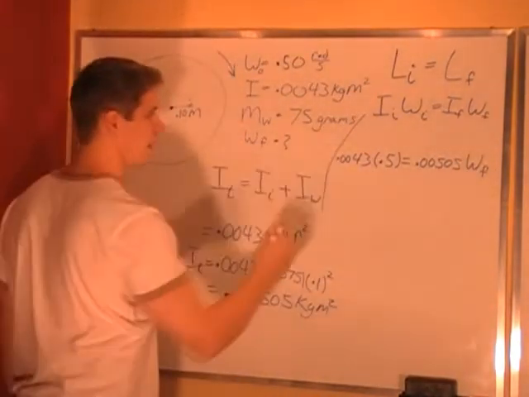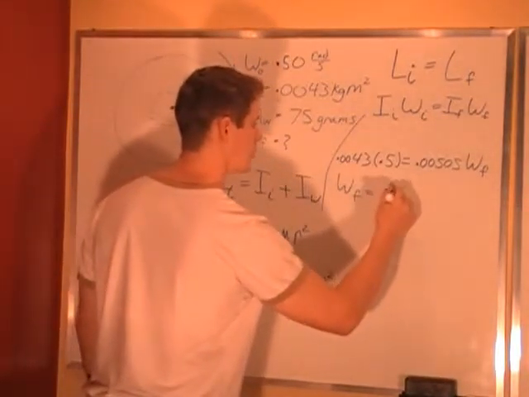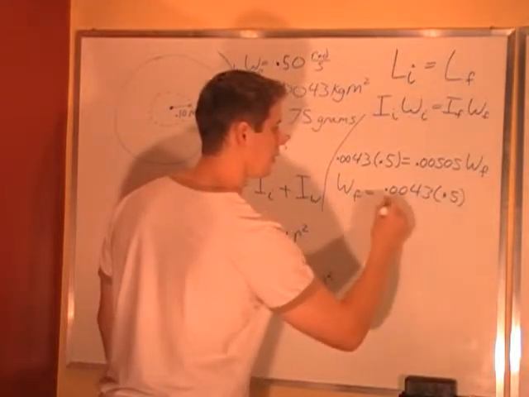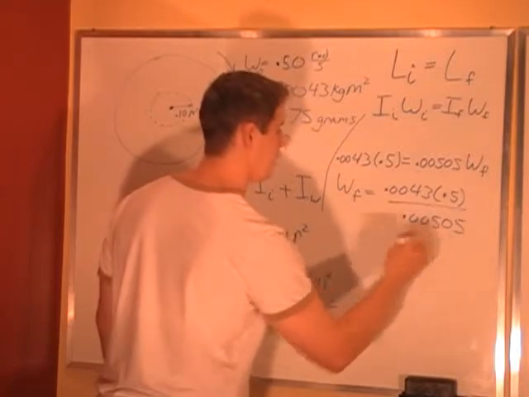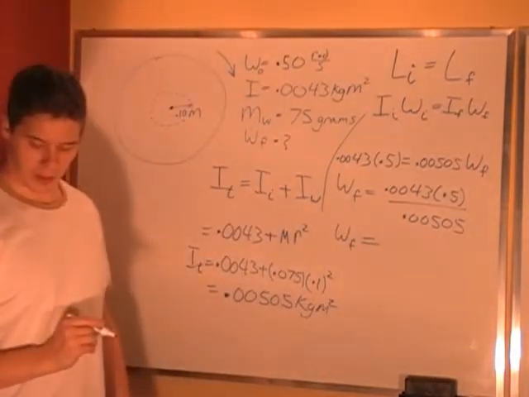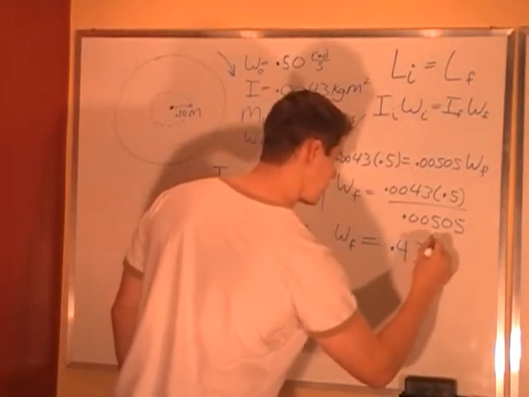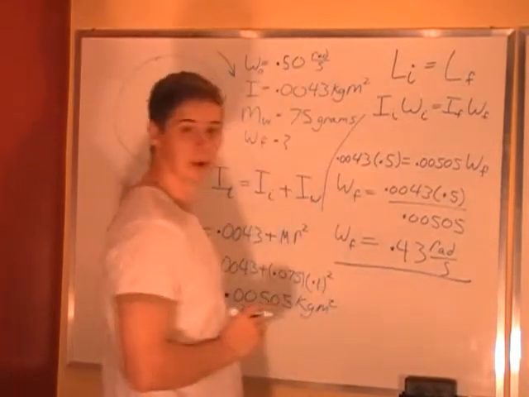So all we do is divide that over. Omega final equals 0.0043 times 0.5 divided by 0.00505. Omega final is 0.43 radians per second. So the final answer is 0.43 radians per second.